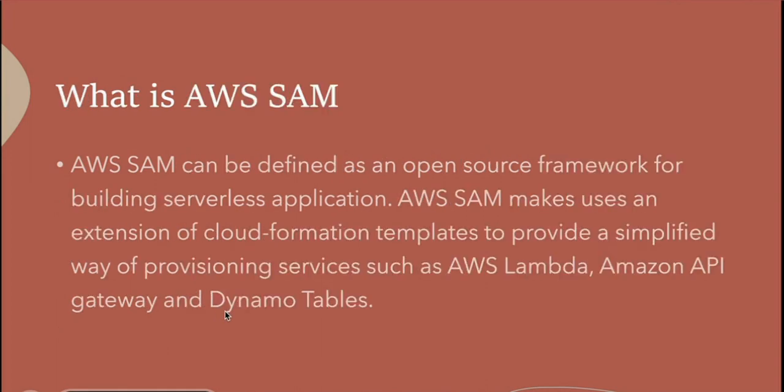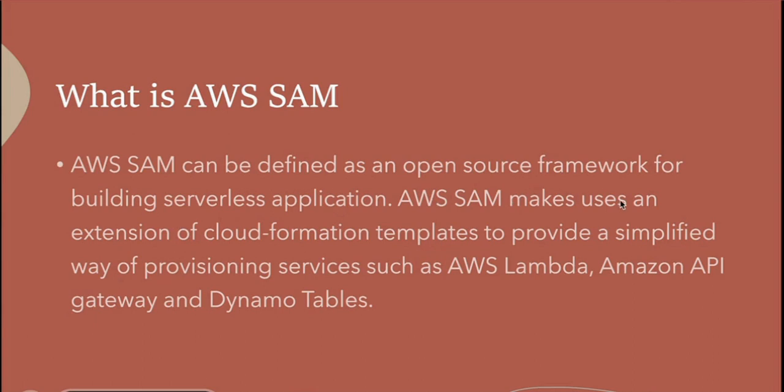I just want to give a brief description of the tools we're going to be using and what we're trying to achieve. The first tool is AWS SAM. What is AWS SAM? AWS SAM can be defined as an open source framework for building serverless applications.